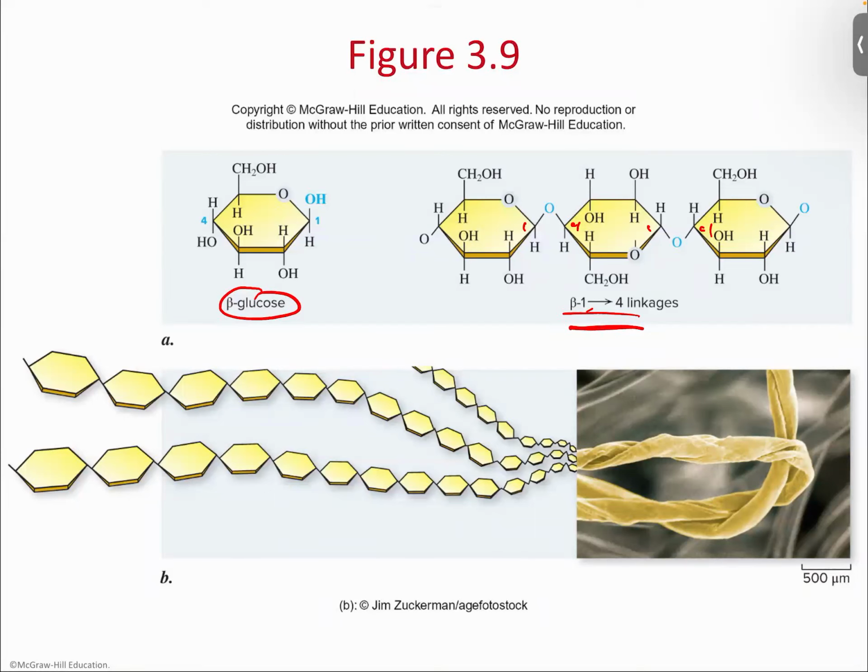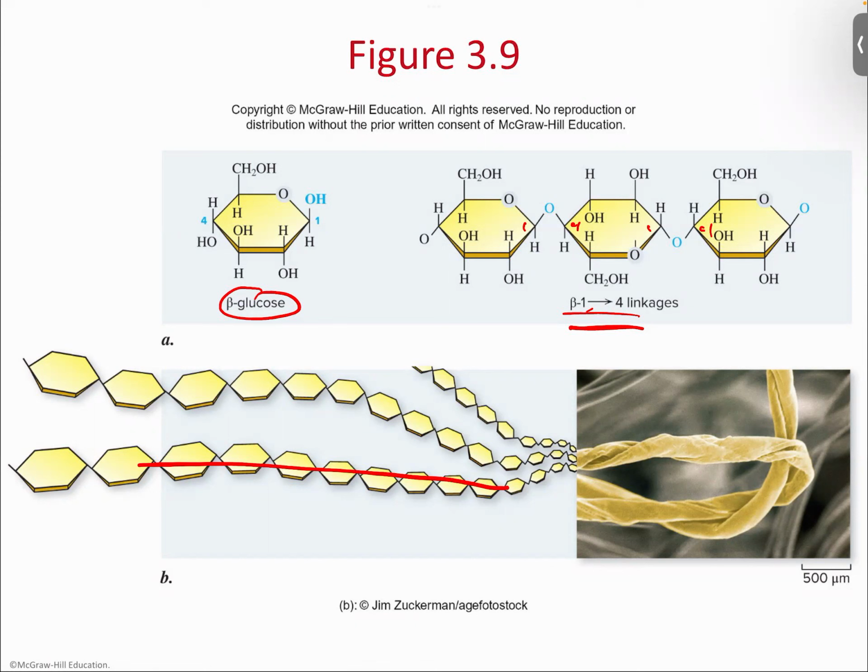So what does that do for you? First of all, when you have a series of beta, because of the orientation of the OH group above versus below, when they come together in this end-to-end fashion, they don't form that little corkscrew. They form straight lines. And that's helpful. Why?